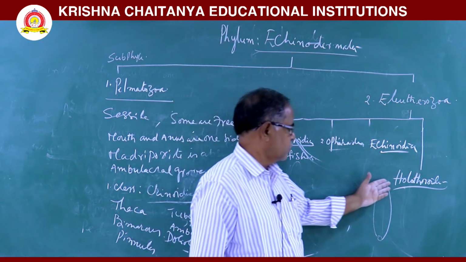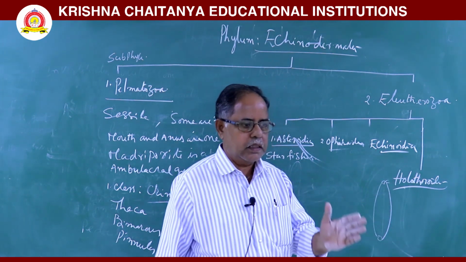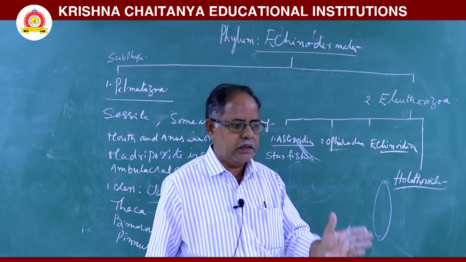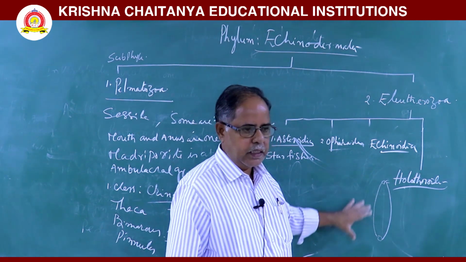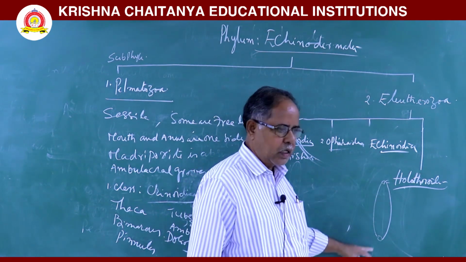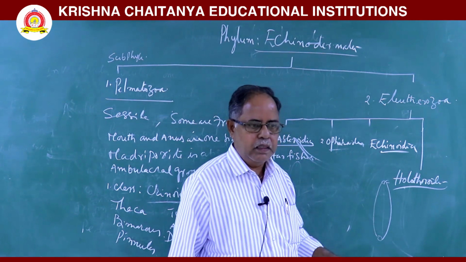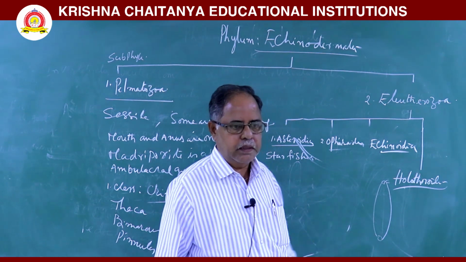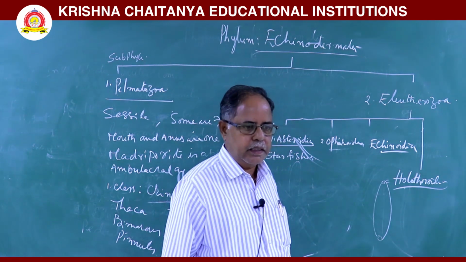This is about Holothuroidea. The animals included under class Holothuroidea are generally called sea cucumbers. The body is elongated. They have an oral and aboral axis. Arms are absent. Pedicellariae are absent. The mouth is surrounded by retractable tentacles.